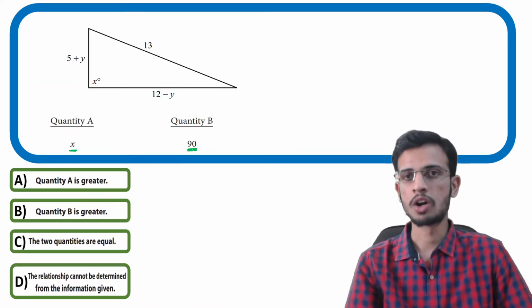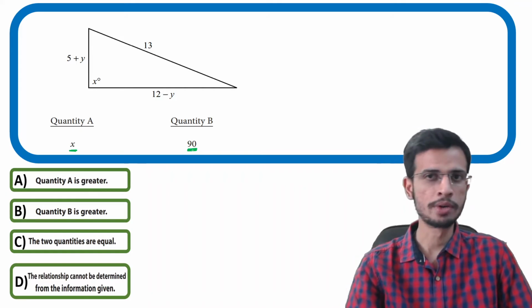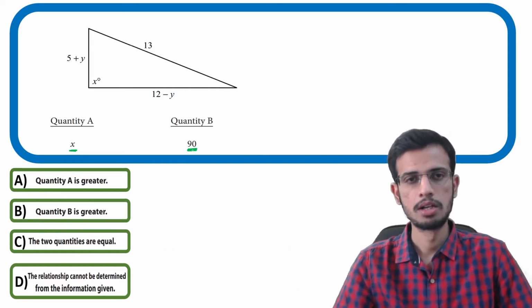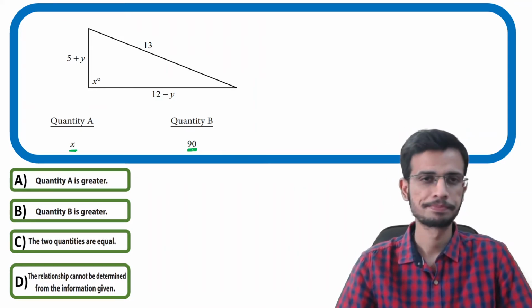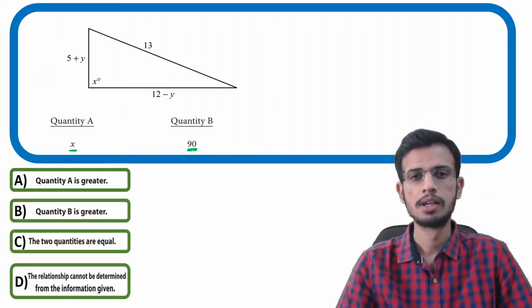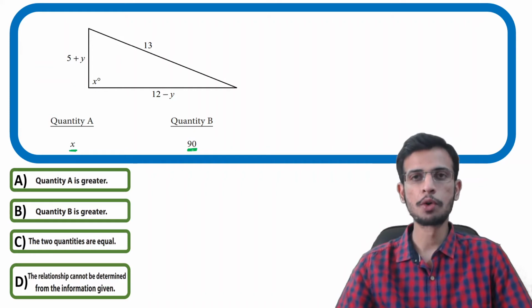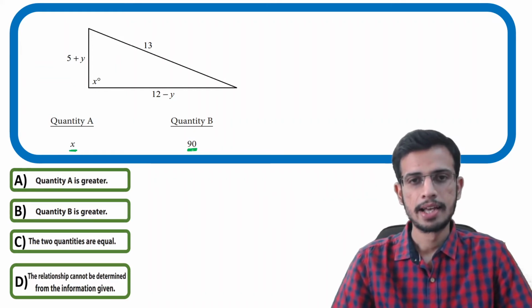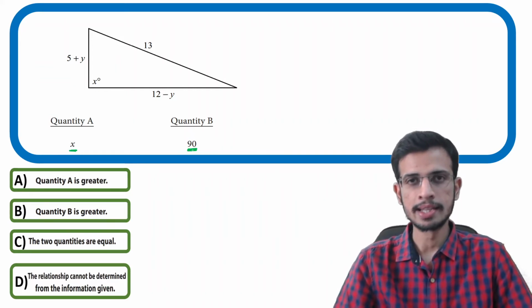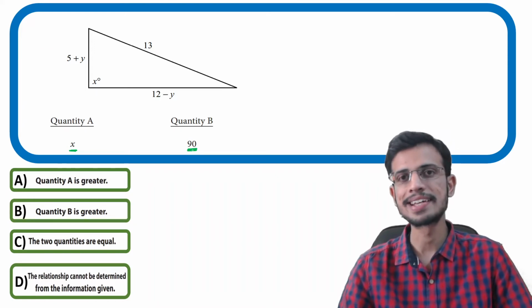We have to compare quantity A with quantity B. We don't know the value of y. Y is unknown. Options are given to us, so you can pause this video for a few seconds and be careful in this question, because this question is a little bit tricky.